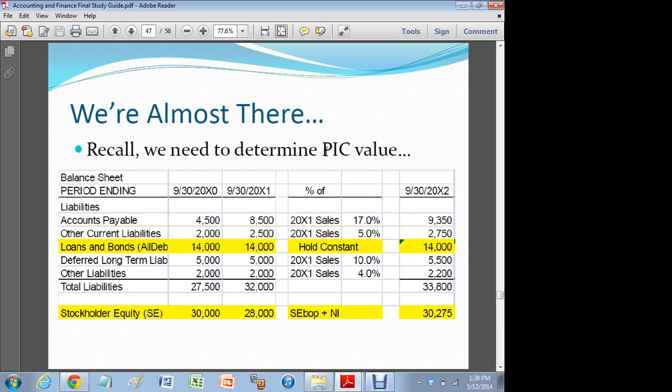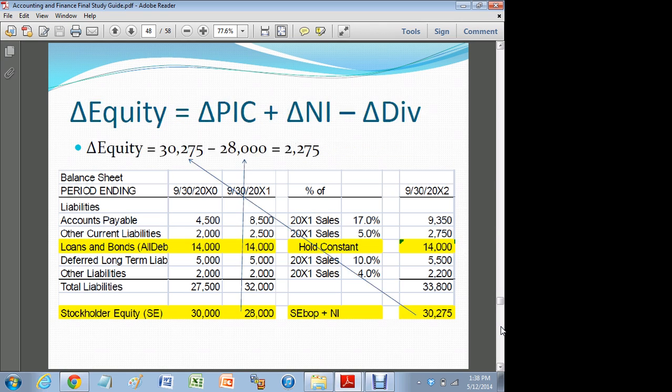And recall that we're trying to solve for PIC, which is a component of the equity. So the first thing we can do is to actually see that, because we have this new equity figure, we have the beginning equity figure. So that means there was a change in equity during the period, which is simply the difference between the next period and the current period.